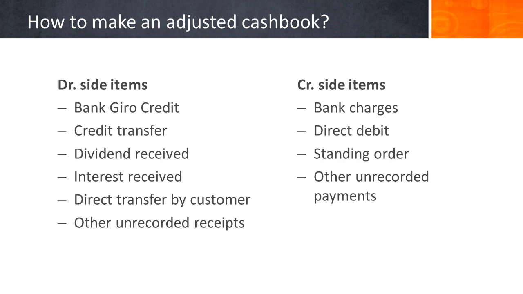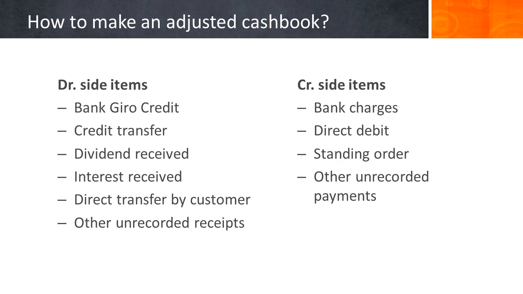Then another item which may be recorded inside the adjusted cash book is what you call a direct debit. A direct debit is a payment made from the bank account on the instructions of the business or the customer. So again, it is going to appear on the credit side of the adjusted cash book.